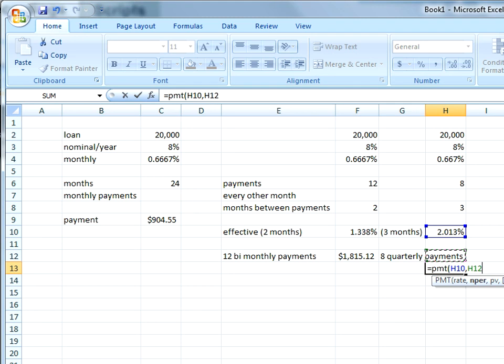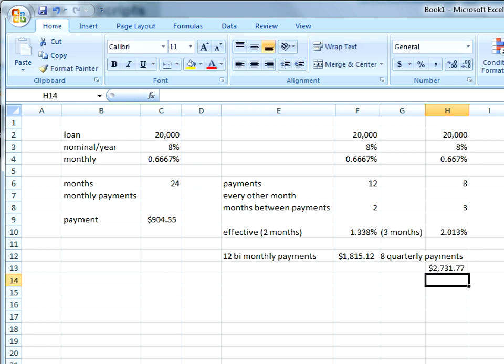The number of periods is 8 quarters, that is 2 times 4 for the first and second years, and the present value is the same, just $20,000. So if you were to make quarterly payments, you would have to make payments of $2,731.77, and that's how you use them.